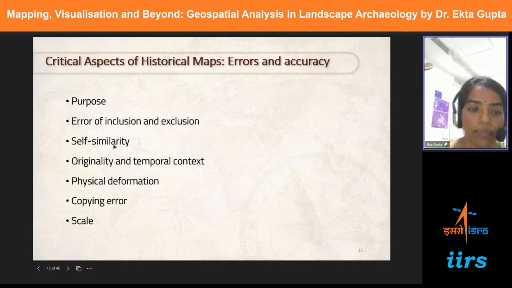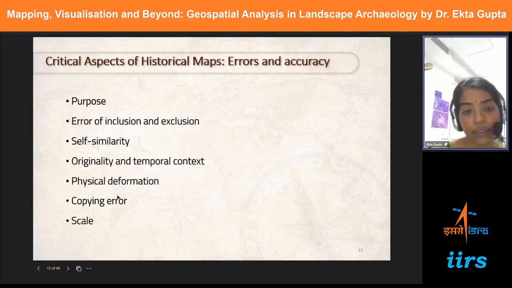Then, when we talk about coastal areas, self similarity is another issue. If you don't have a scale in the map, it may sometimes be very difficult to find the extent of that map and locate it correctly.